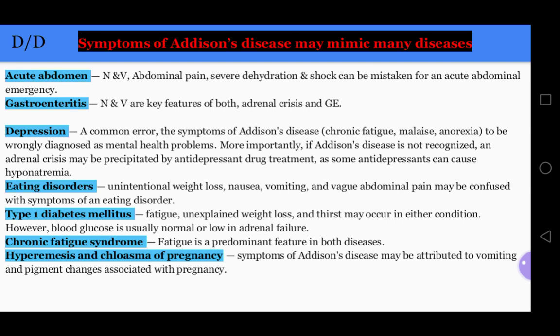There are many common symptoms which you can see on this slide, and you can realize how difficult it may be in some cases to differentiate Addison's disease from other common conditions.